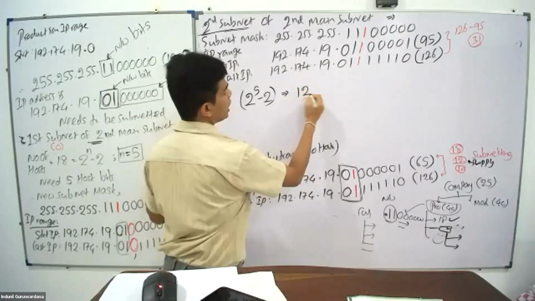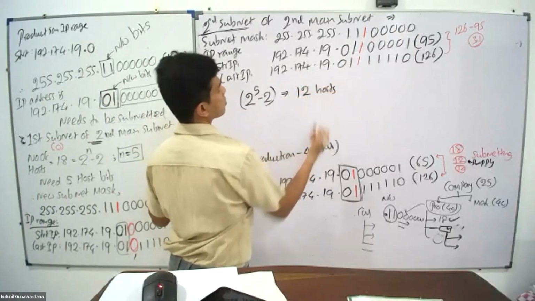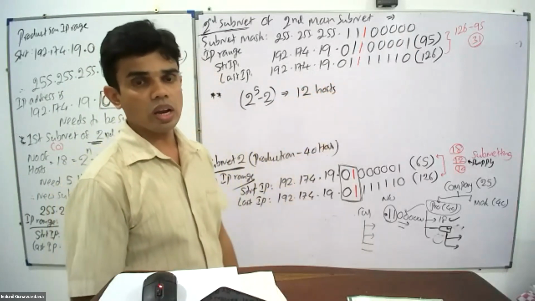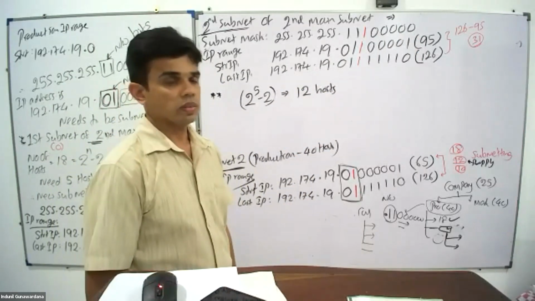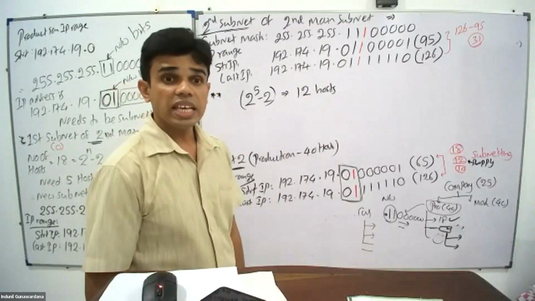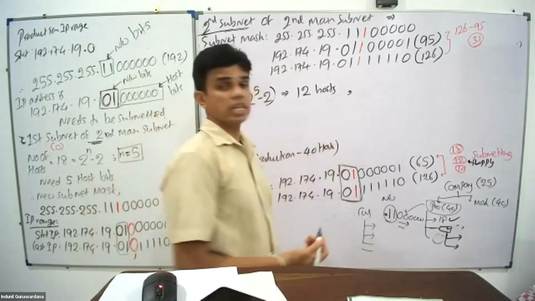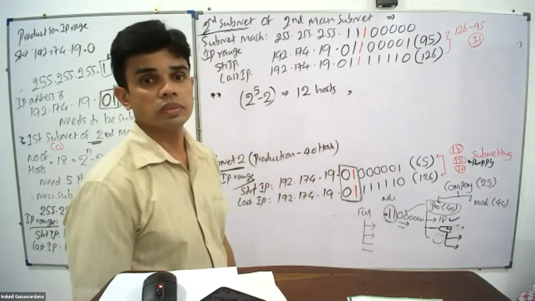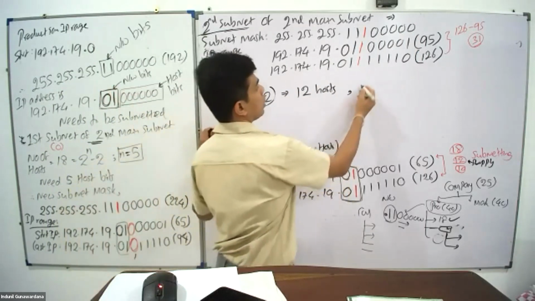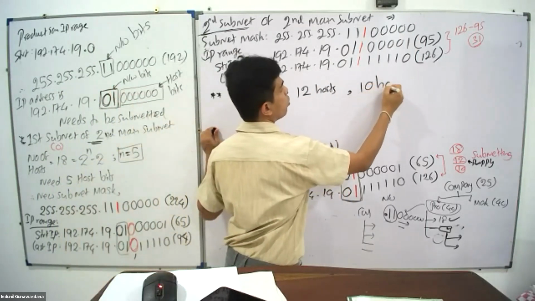But we need only 12 hops with another subnetwork to have 10 more hops.